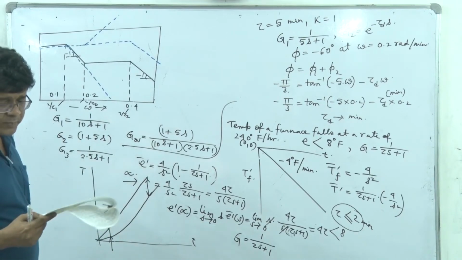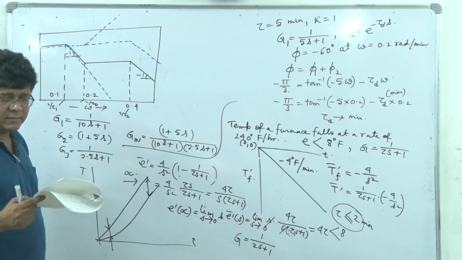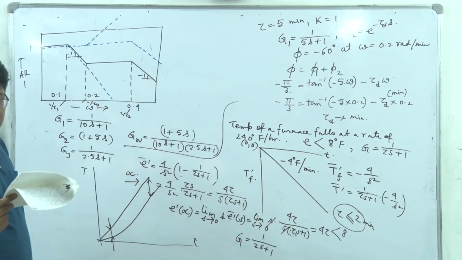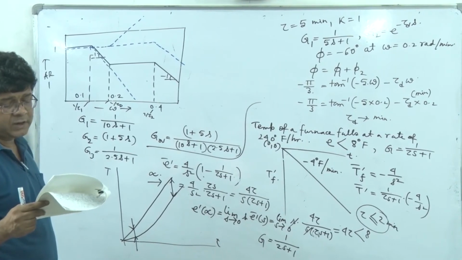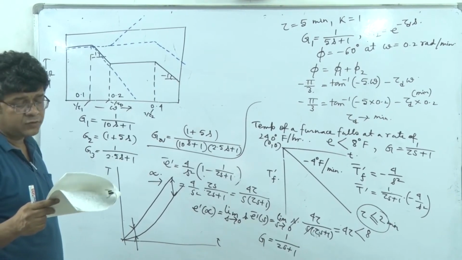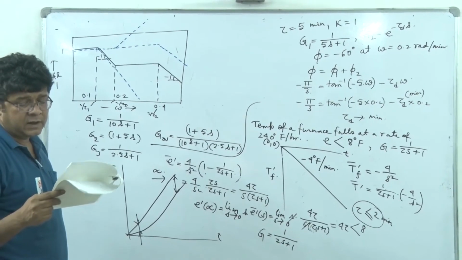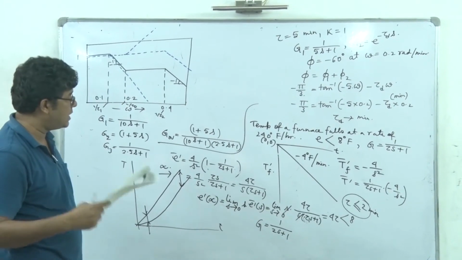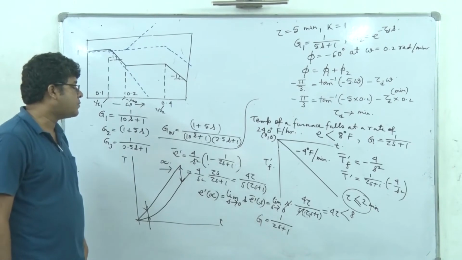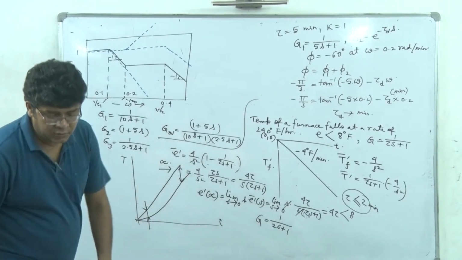And the question is, temperature of the furnace falls at a rate of 240 degree Fahrenheit per hour. The temperature sensor must not be in error more than 8 degree. What should be the transfer function of the sensor if it follows first order dynamics? Consider the respective time constant in minute. So it will be 1 divided by 2S plus 1.